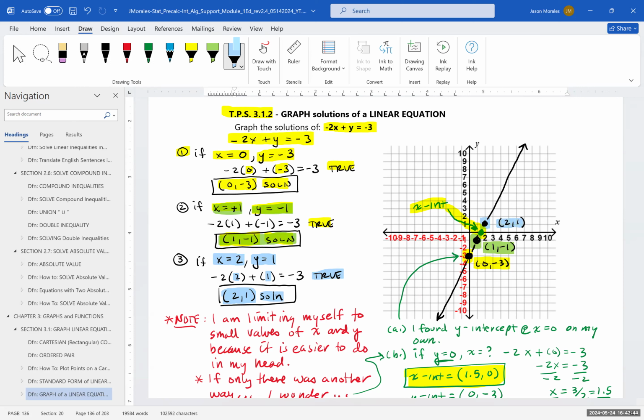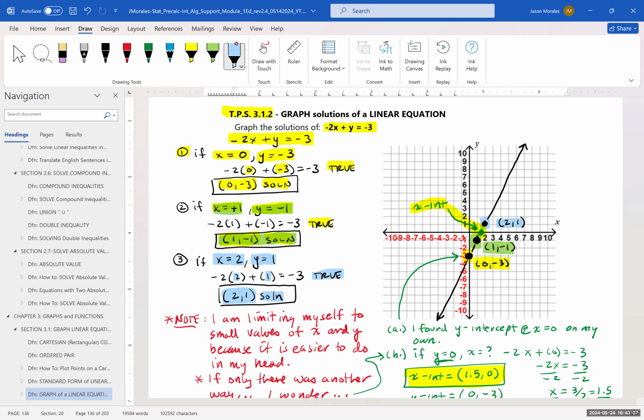You should start to see that these individual solutions are lining up, and that's why it's called a linear equation. It's called a linear equation because the graph of a linear equation is a line. That's how that got derived.